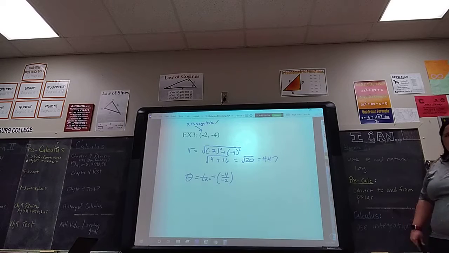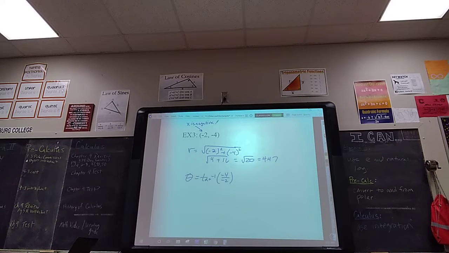If x is negative, that outranks whatever you have to do with y. So if you notice that x is negative, we're going to have to add half a rotation this time. If just y is negative, that's when you add a whole rotation. If x is negative at all, whether y is negative or not, that's the one that's more important. That's the one that screws it up a little bit more. So you're going to add a half rotation with that.